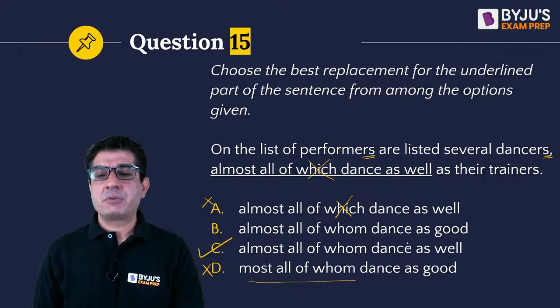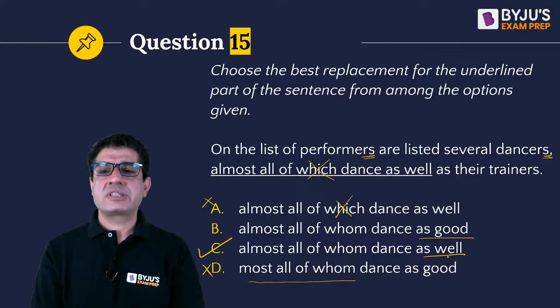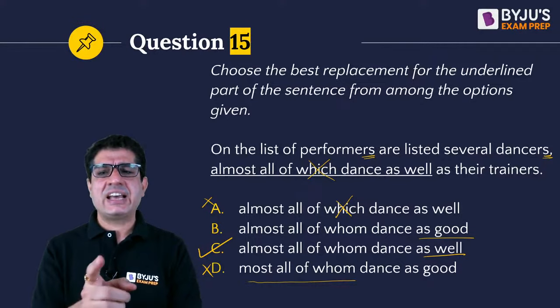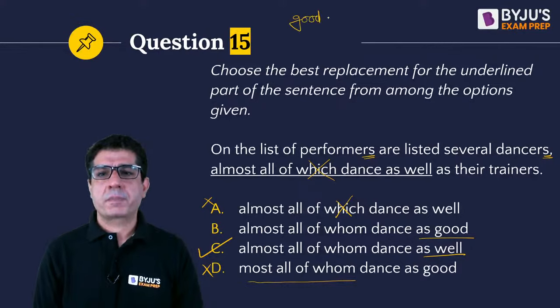Now the difference between B and C is "as good as" and "as well as." On the list of performers are listed several dancers, almost all of whom dance as well as or as good as. So what is the difference? Good is used as an adjective, whereas well is an adverb.